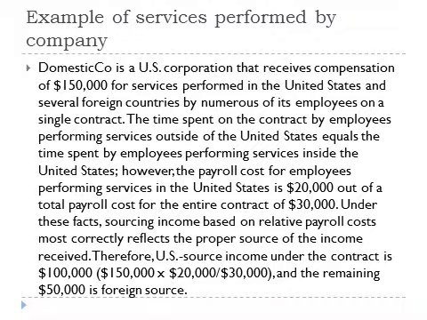However, the payroll cost for employees performing services in the United States is $20,000 out of the total payroll cost for the entire contract of $30,000. Under these facts, sourcing of income based on a relative payroll cost most accurately reflects the proper source of the income received. Therefore, U.S. sourced income under the contract is $100,000, and the remaining $50,000 is foreign source.